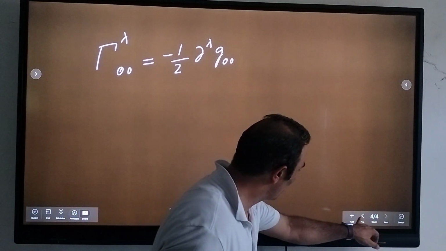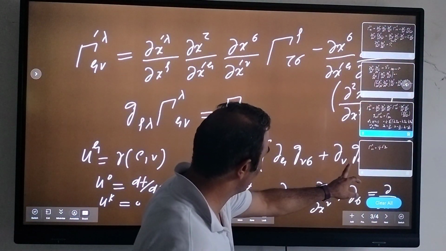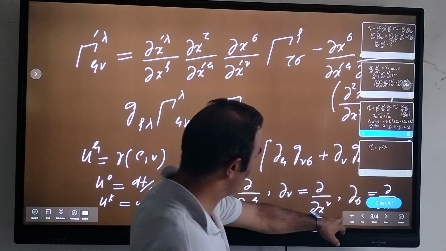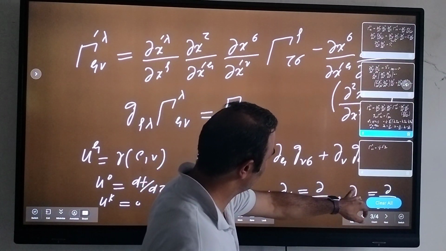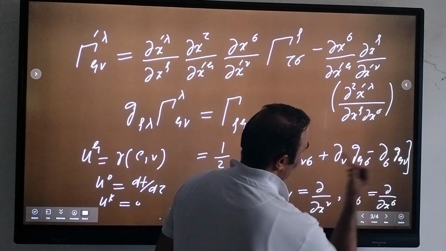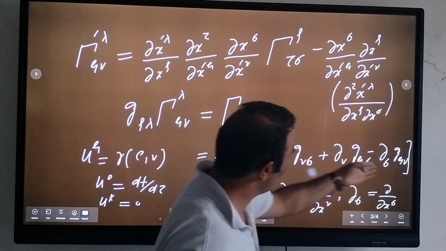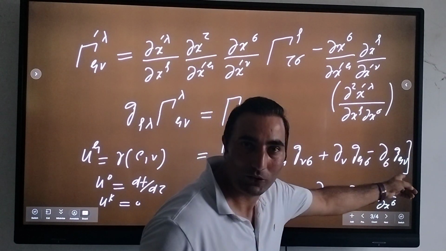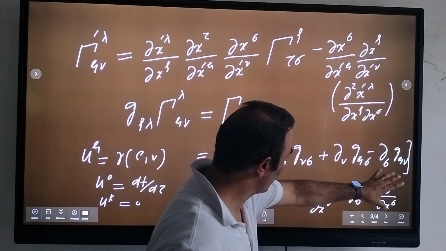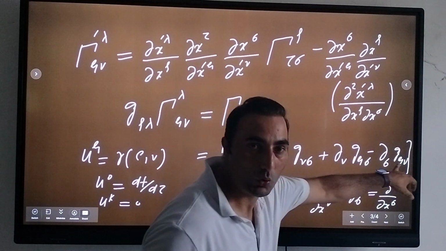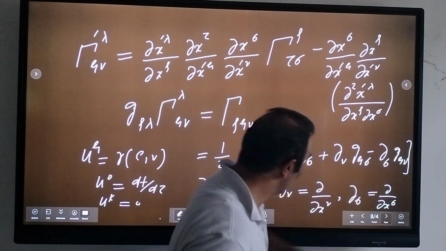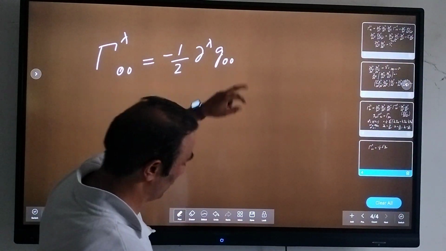If you check, that's our last term here. This term will survive here, right? Because the sigma and sigma will contract, so we get mu equal to 0, mu equal to 0. You get minus 1 by 2 partial of lambda, and that is what I wrote here, partial lambda g00, right?